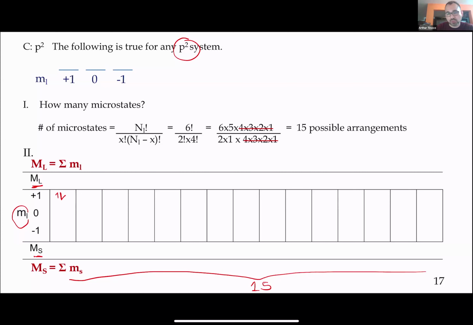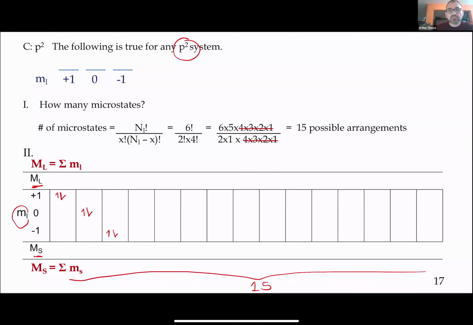Okay, so that's one possibility. Then we have this other possibility where they're both paired up, but in M sub L 0. And the third possibility is both paired up in the M sub L -1. Okay. We've exhausted all possible ways that you can have 2 electrons paired up in the system where we have 3 p orbitals.